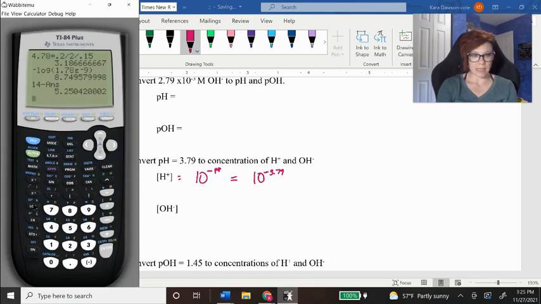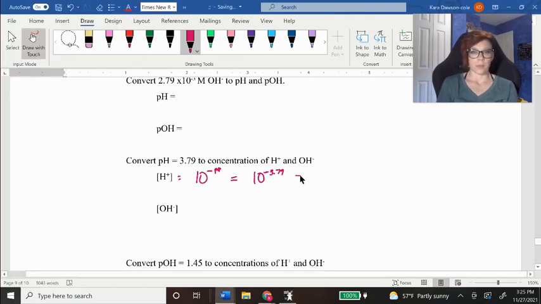Now, there is an anti-log button. If you look at the log button on your calculator, the anti-log is going to be right above that. So it's going to be 10 raised to, and then negative 3.79. That equals 1.62 times 10 to the minus 4.